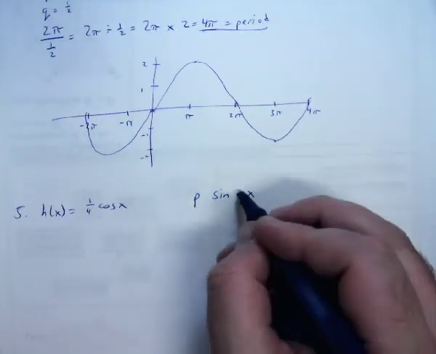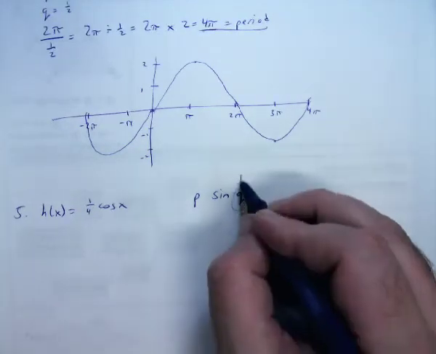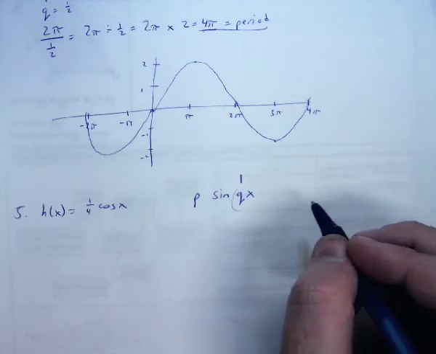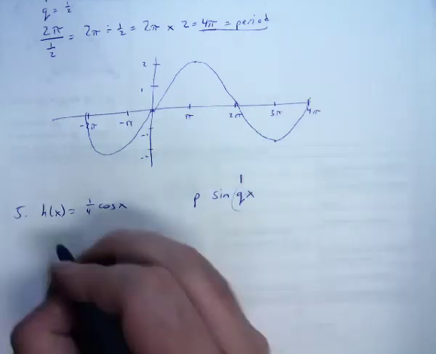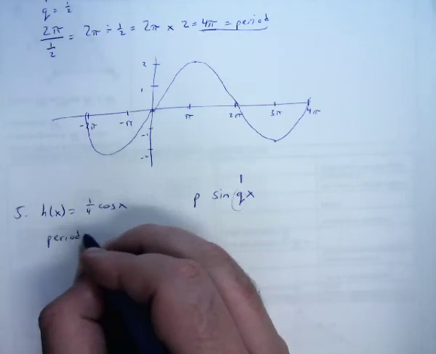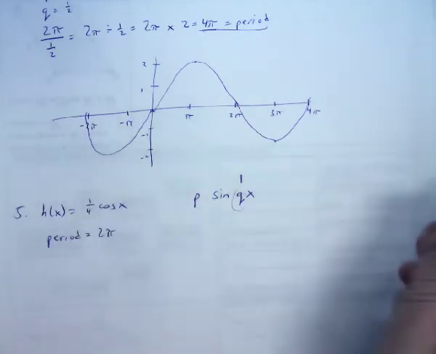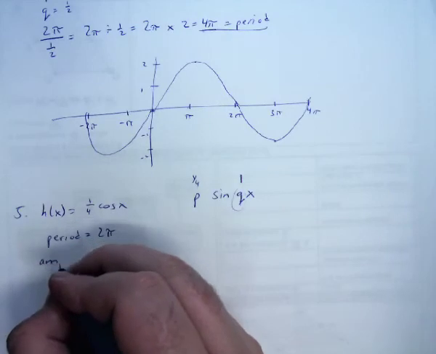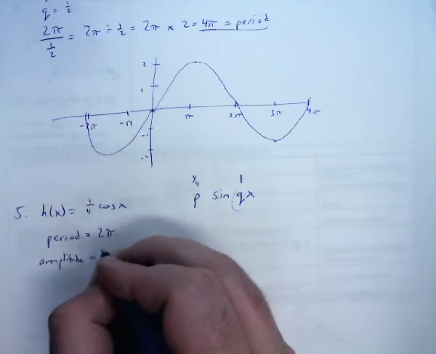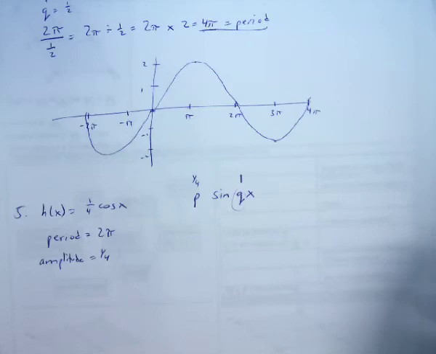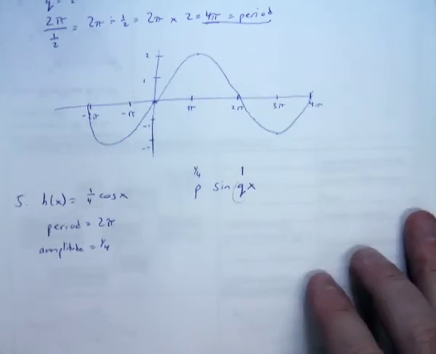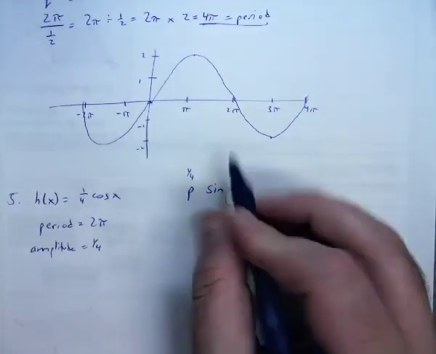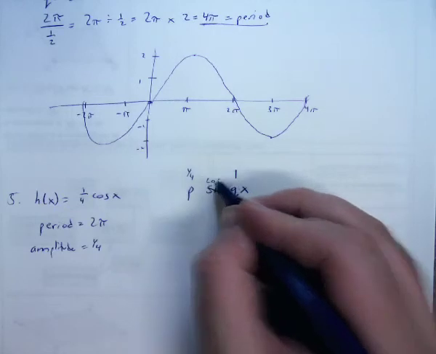So q is just 1 in our case, which just means we're going to have the regular period of 2 pi. So the period is 2 pi. And then p is 1/4, which means our amplitude equals 1/4. Meaning that's how high this graph goes, which is actually pretty short. Oh, I wrote sine here. It should be cosine. Kudos to those that caught that.